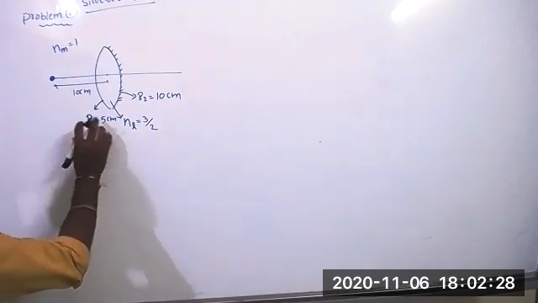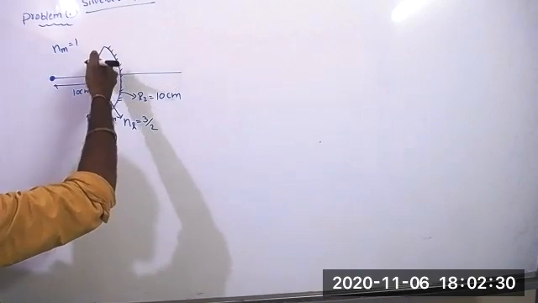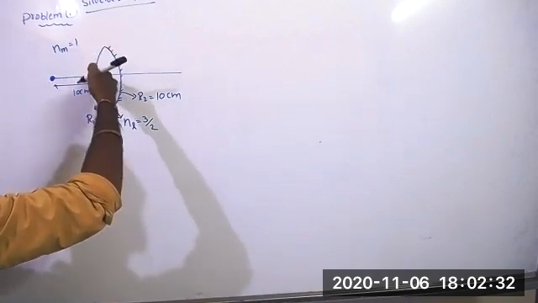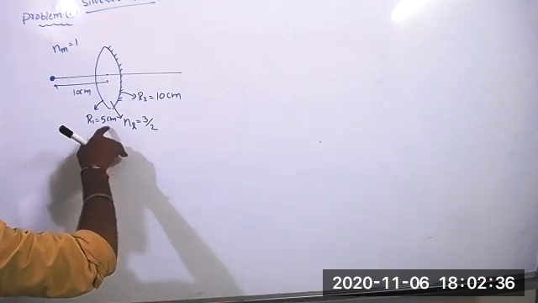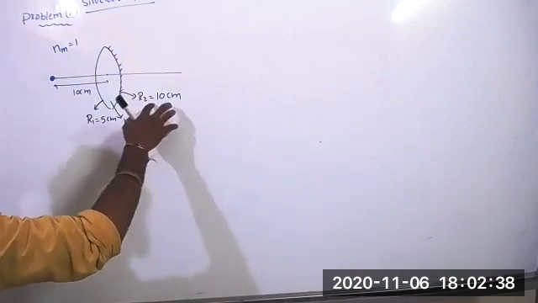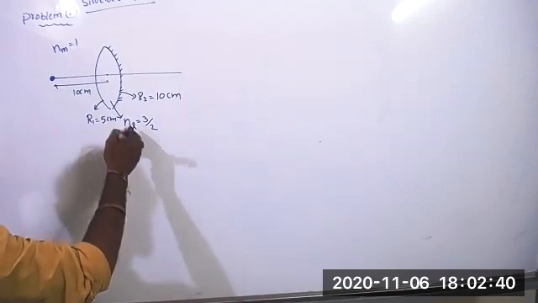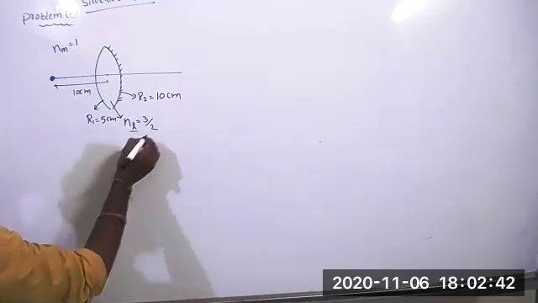Now they are asking, they have given like this. Radius of curvature of the lens R1 equals 5 centimeters, R2 equals 10 centimeters. Refractive index of the lens is 3 by 2.